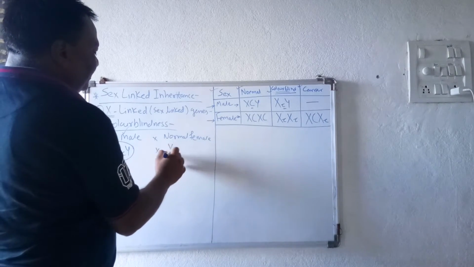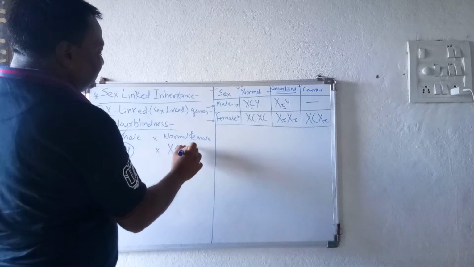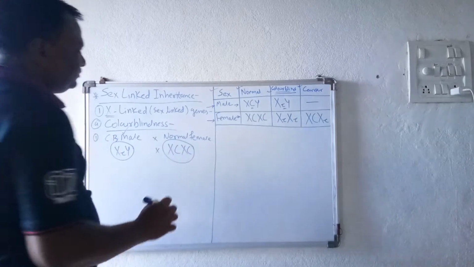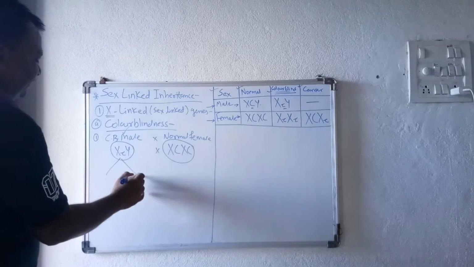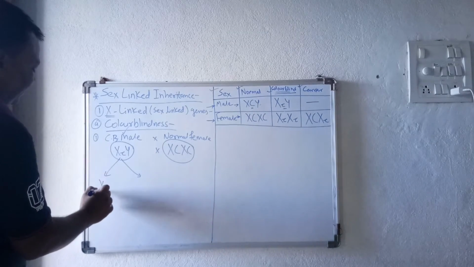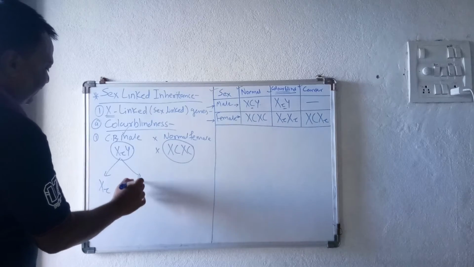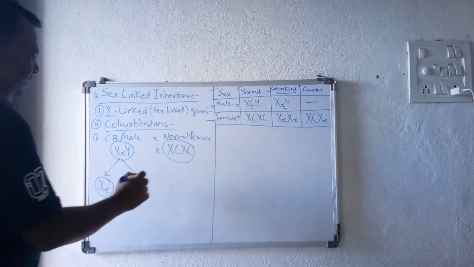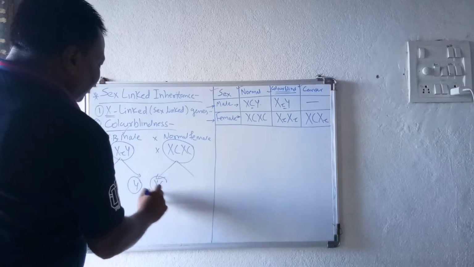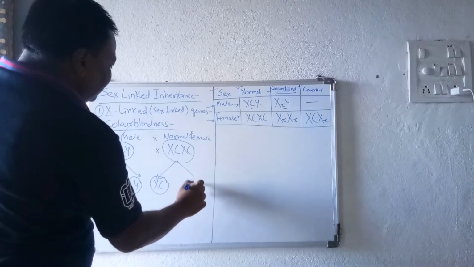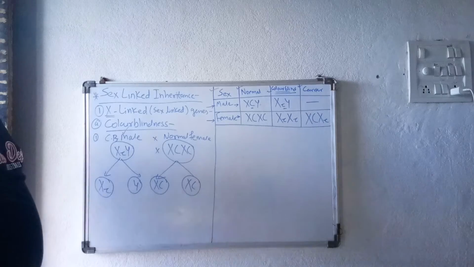Normal female, capital X, capital C, capital X, capital C. So here this color blind individual will produce these 2 types of gametes, capital X, small c, capital Y. Then this female will produce capital X, capital C, capital X, capital C type of eggs or the female gametes.